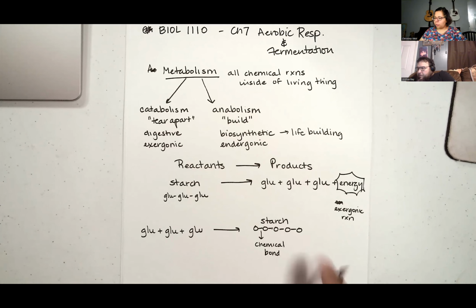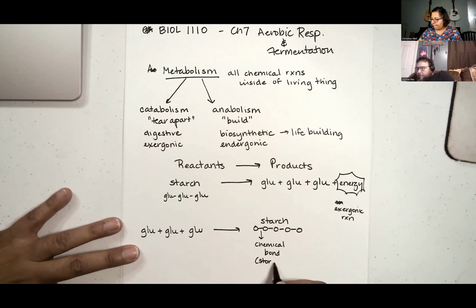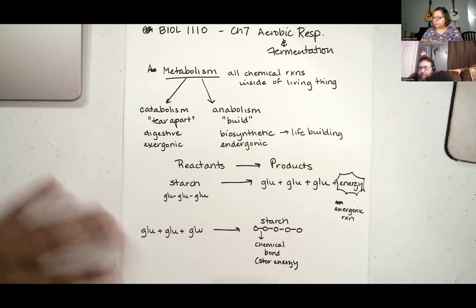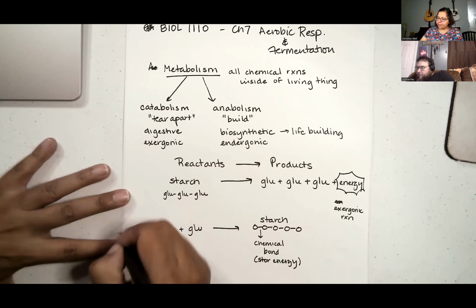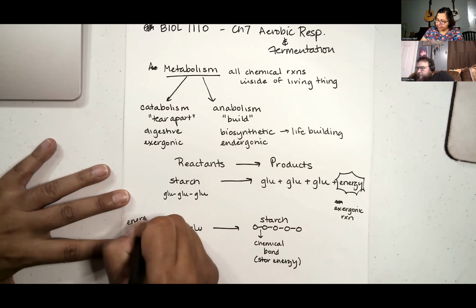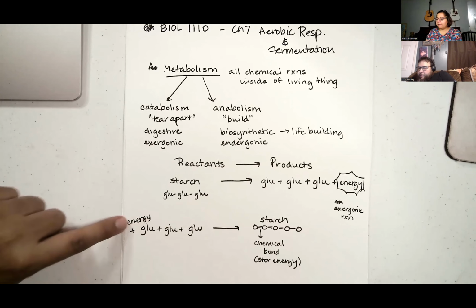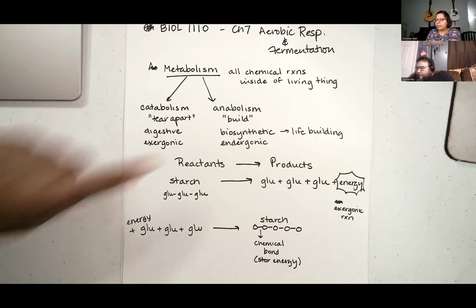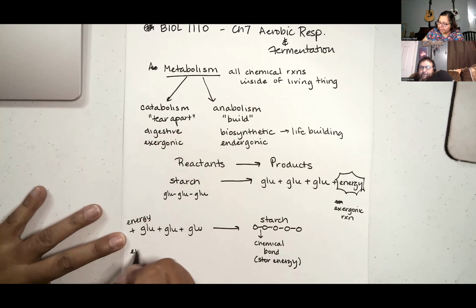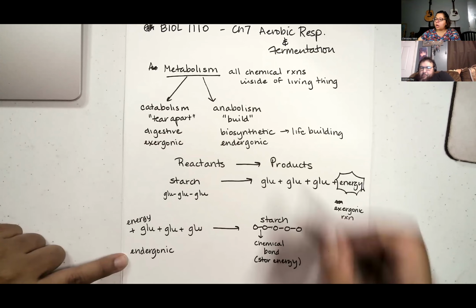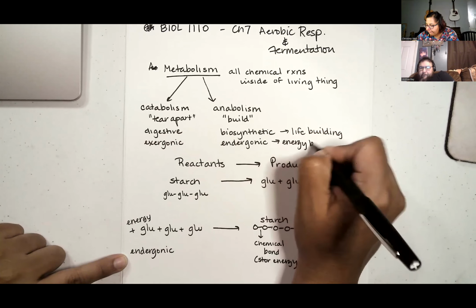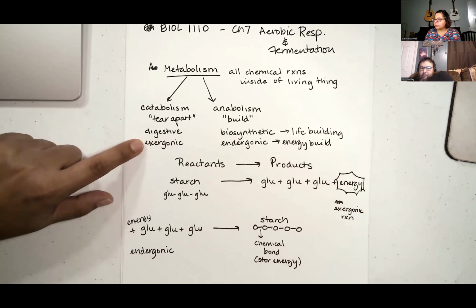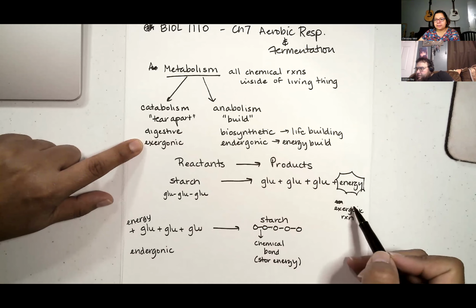Chemical bonds store energy. So if you take these individual glucose molecules and link them together, you have to have energy to do that. So if energy is on the reactant side, that's what we call an endergonic reaction. Endergonic reactions are literally energy building, whereas exergonic are literally energy releasing.